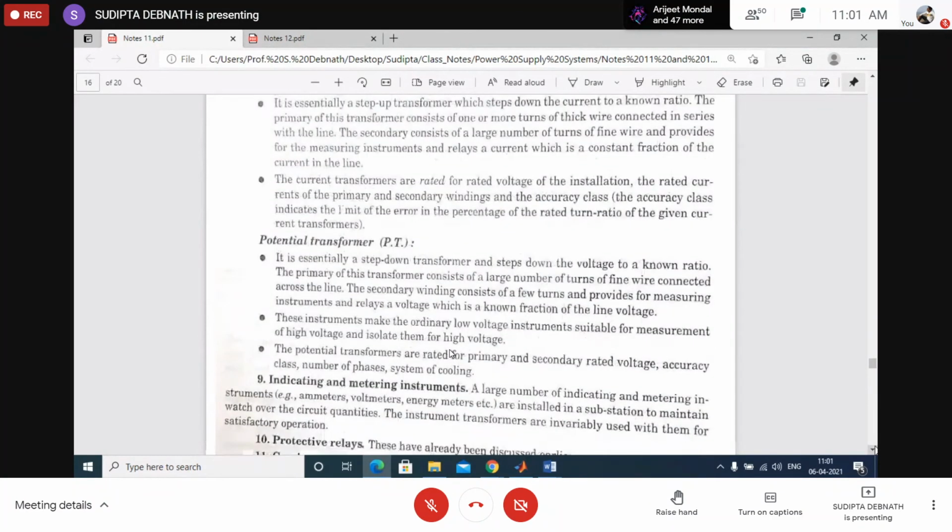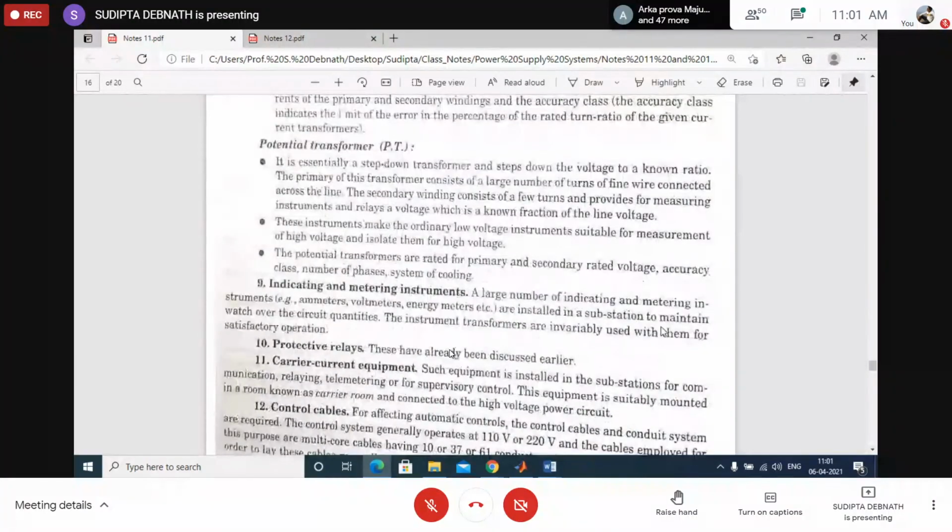And then indicating and metering instruments, for measuring current, voltage, power factor, power, maybe the energy, all those instruments are called indicating and metering instruments. Then protective relays. Actually, a circuit breaker cannot sense the current. Its task is just to open the circuit when the trip signal is received.